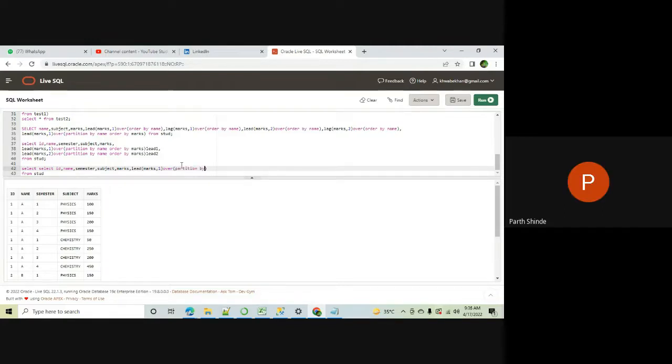Partition by student name and semester. Very good. And order by subject. Better give subject, because you want physics and then chemistry like that, right? From the student and mark it as lead.